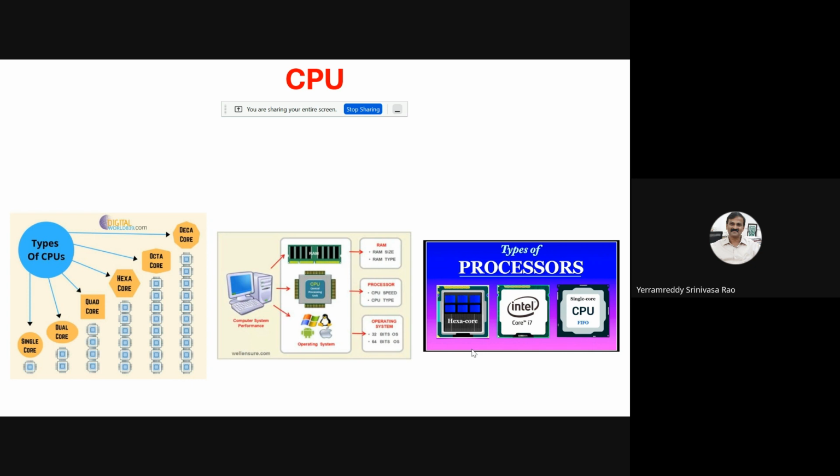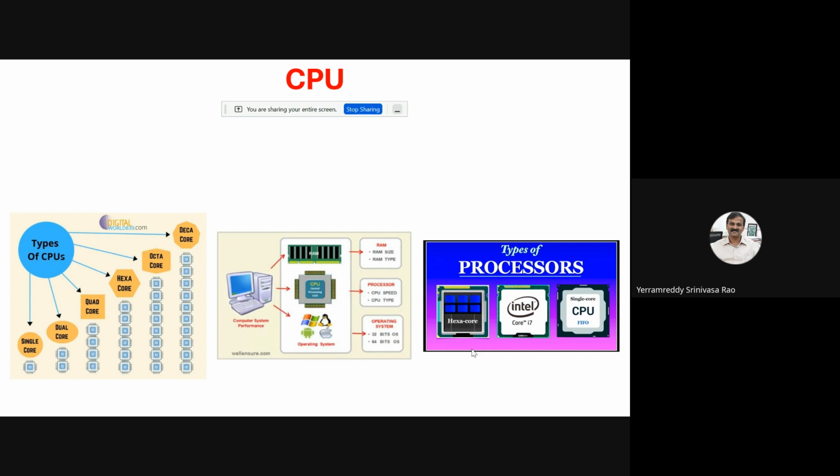So the CPU today is not working on kilohertz or megahertz; it has gone to gigahertz. The memory storage capacity is not kilobytes or megabytes; it has gone to terabytes.